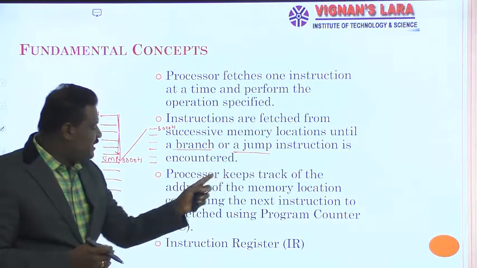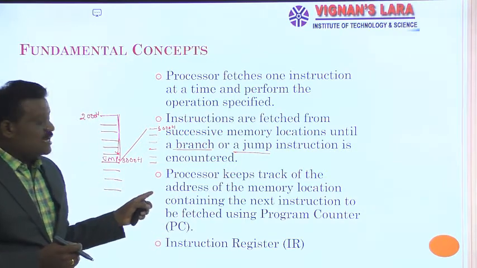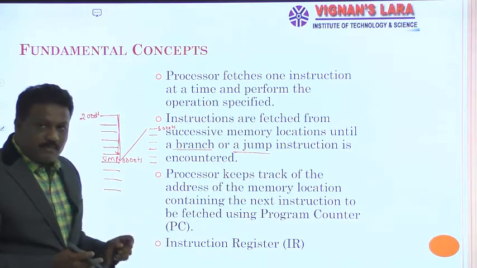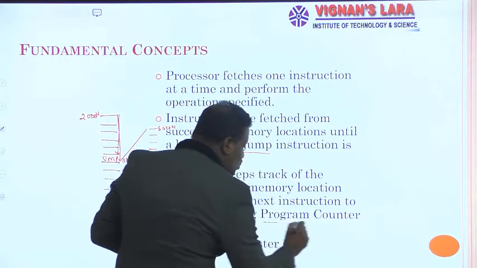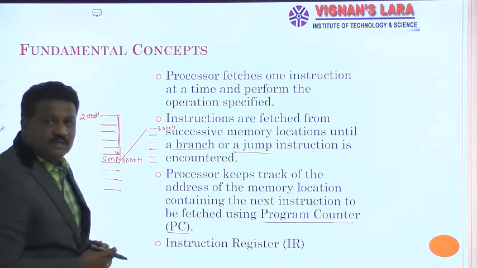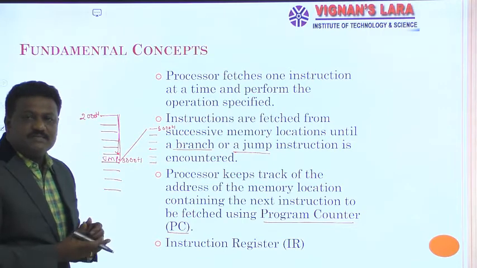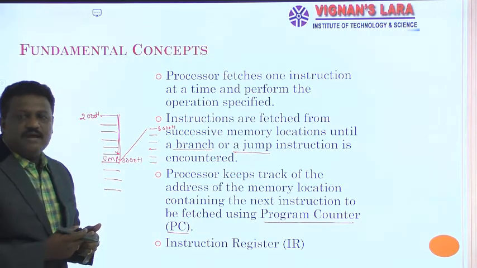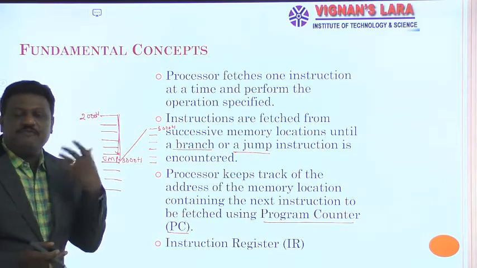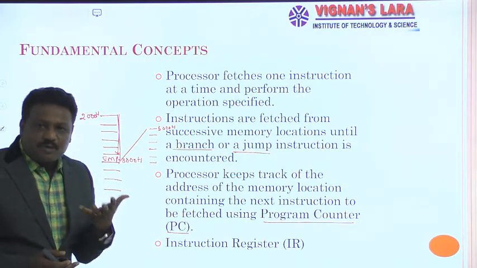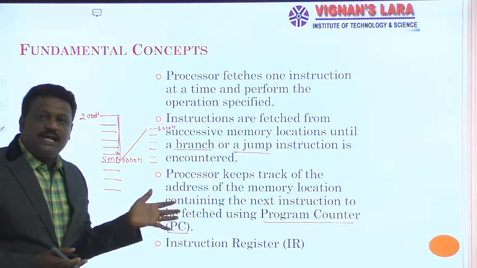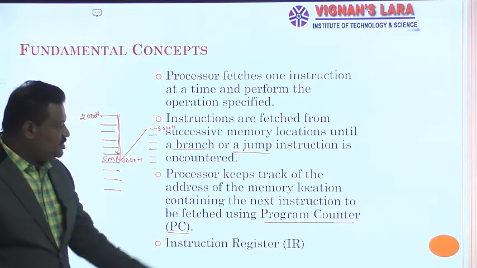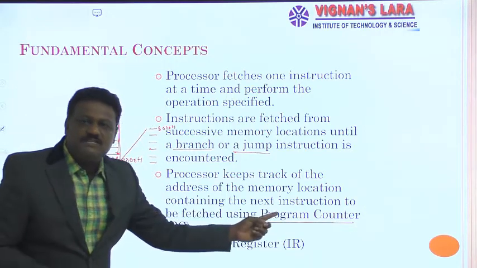The processor keeps track of the address of a memory location containing the next instruction to be fetched using a register which is called a program counter. The meaning of this statement is, if the processor wants to execute these instructions one by one, it will fetch these instructions one after another from the memory. In this process, your processor takes the help of an important register which comes under the machine accessible group, which we call the program counter, PC.